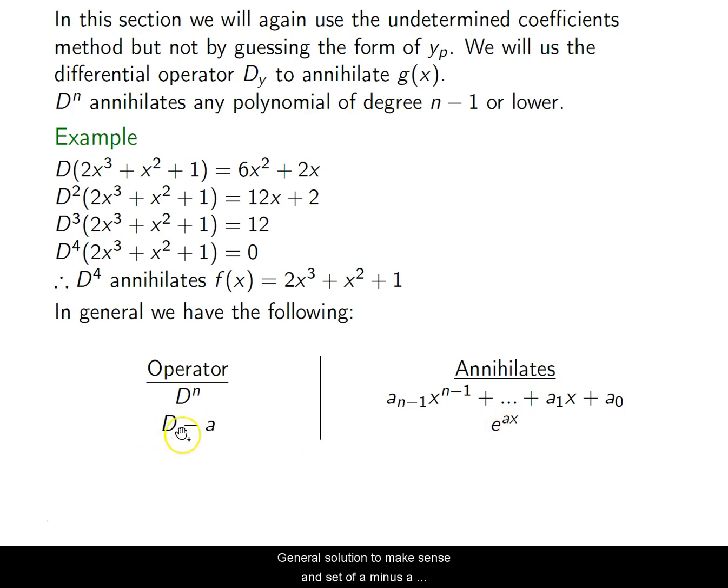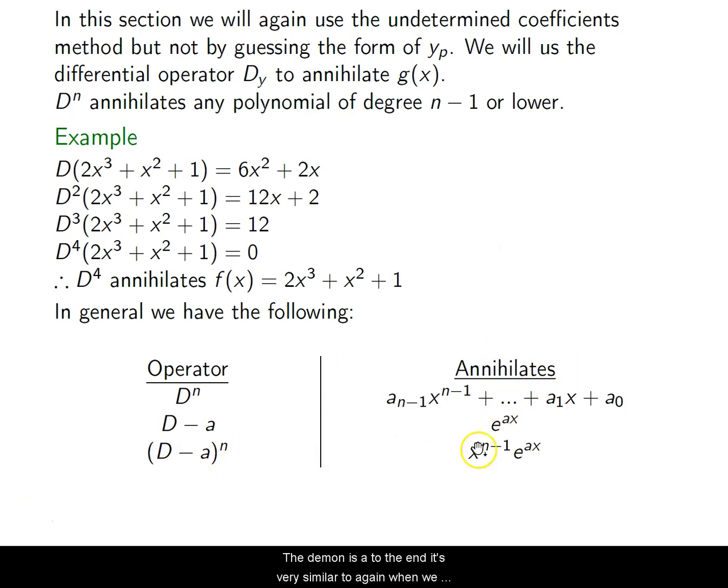So it makes sense that instead of m minus a, I'm just using D's instead of m's. So m minus a has a solution e to the ax, and this is the function that it annihilates.